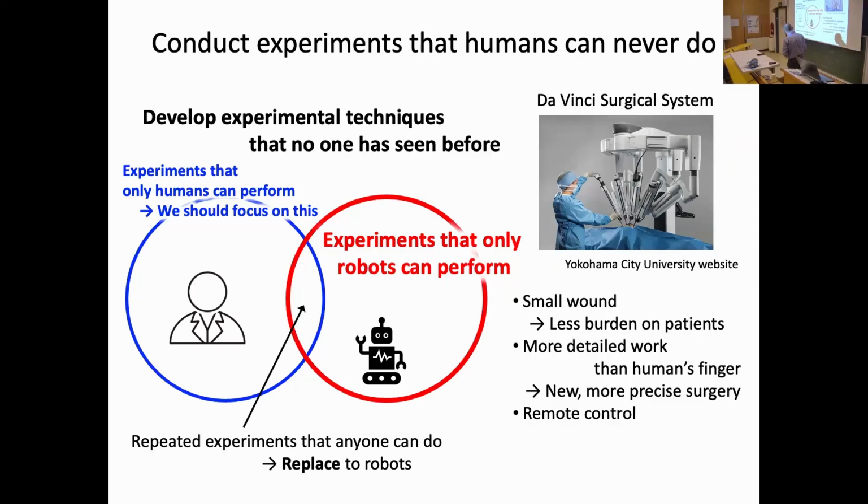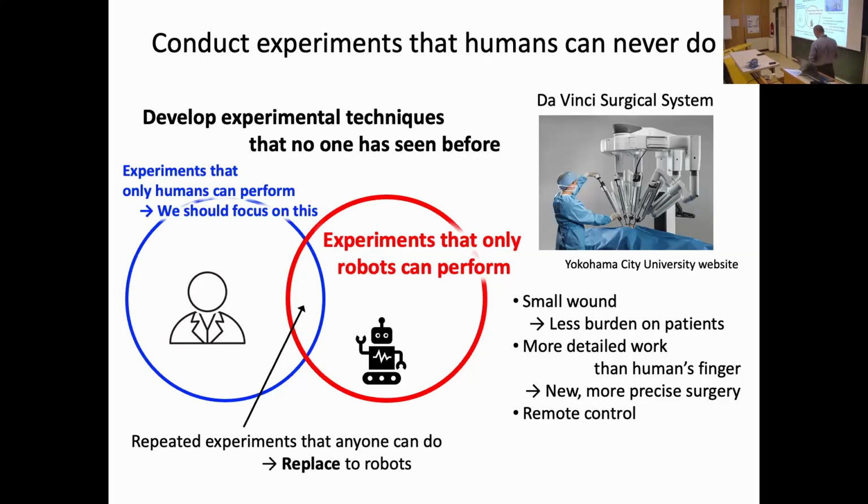We find this overlap point, and nowadays humans' work is replaced by the robot. But this is not our aim. We want to do experiments that humans can never do. So that's our direction. One example is this surgical system.